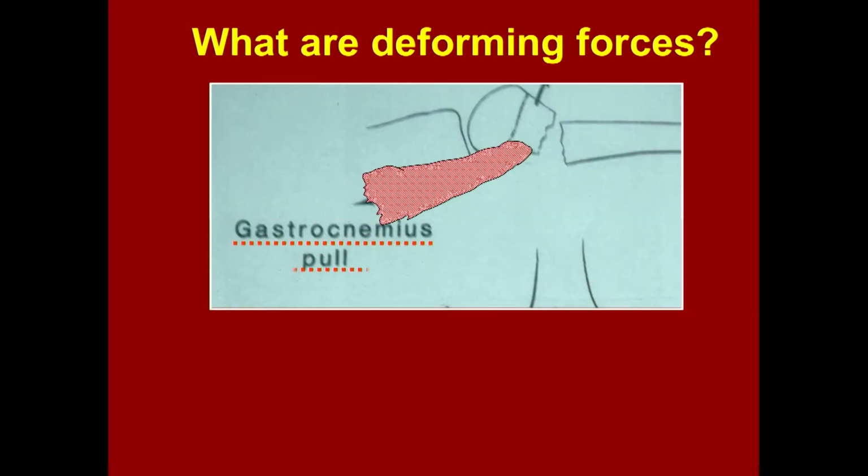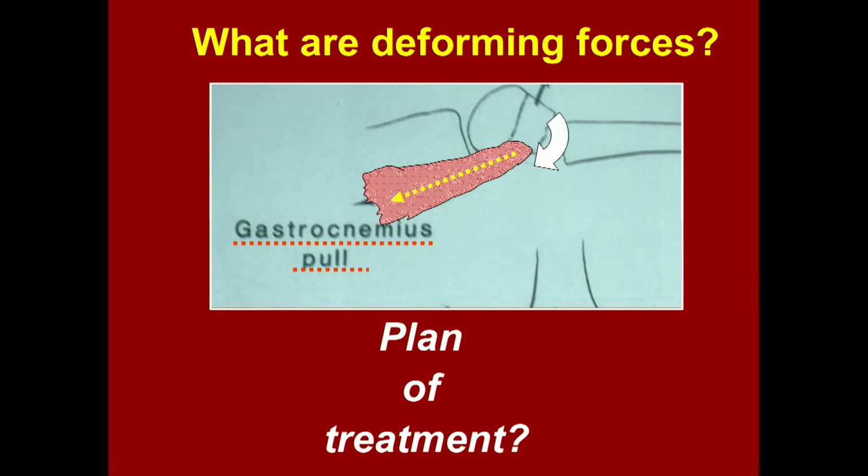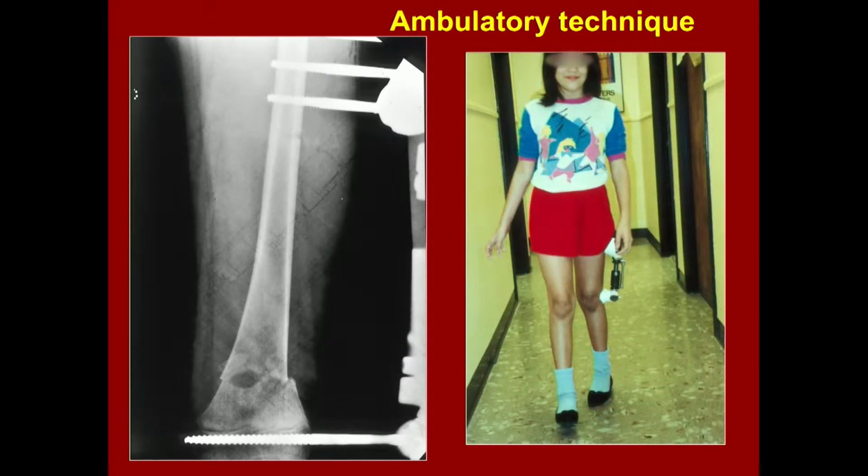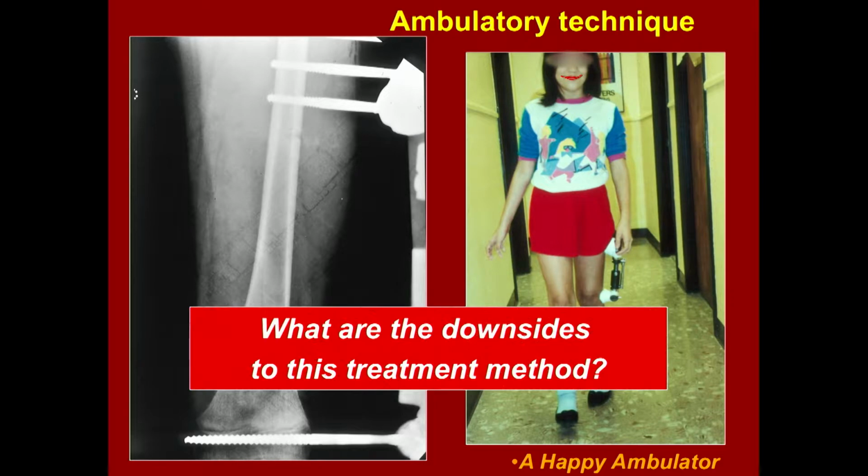As you said, it's the gastrocnemius that pulls when you apply traction. So here's an ambulatory technique that you can use. And this patient here, she's a very happy ambulator, and you can see she has the fixator on there. What are the downsides of this treatment besides pin tract infection?